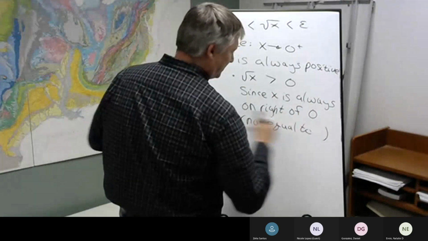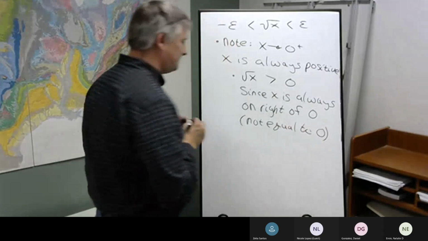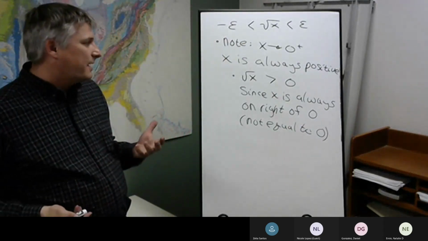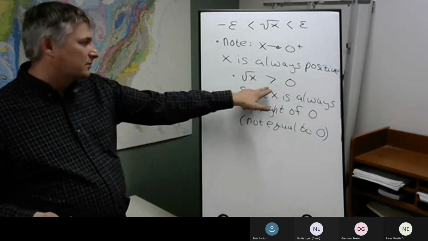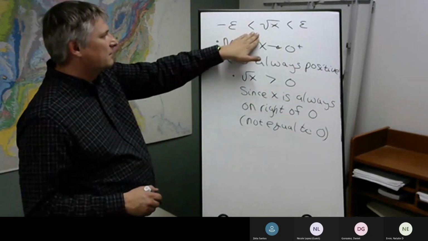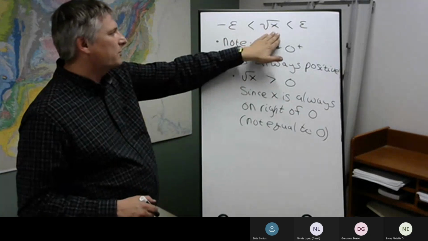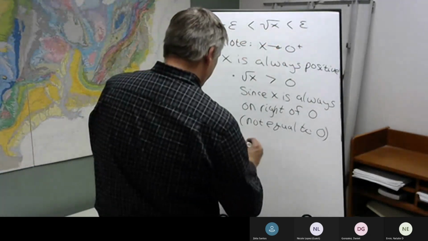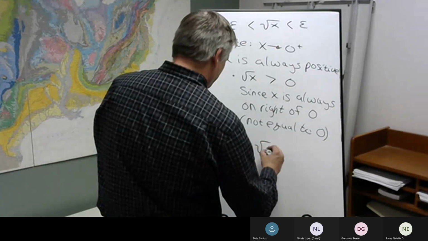It's always to the right of 0. It's not equal to 0. So that means square root of x is, of course, greater than 0. So instead of having the minus epsilon inequality, the square root of x inequality with epsilon, you know that this is going to be the case.